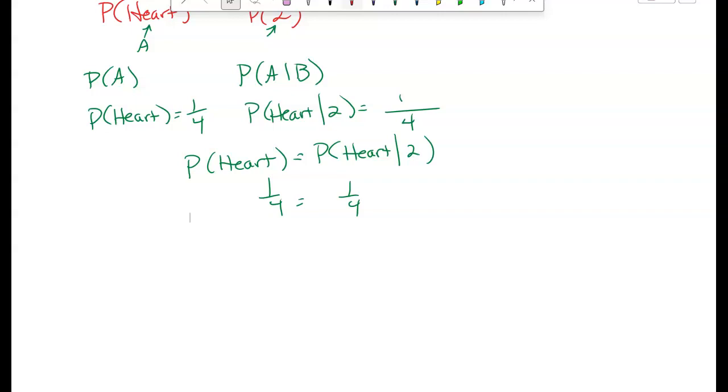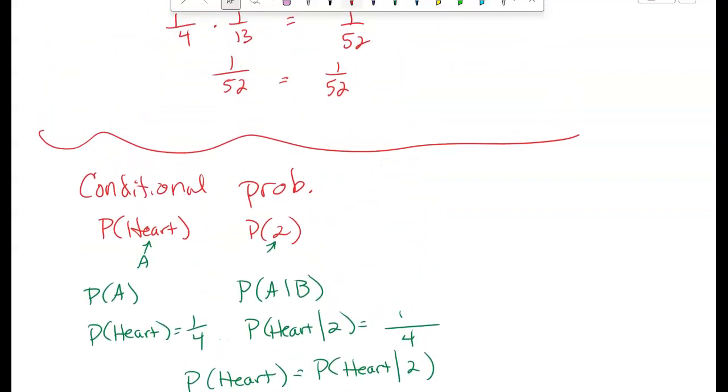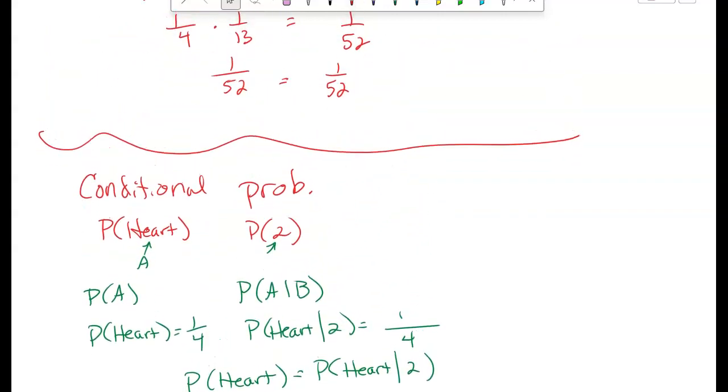Is that fair? So what I would have done up here is, heart is equal to A, 2 is going to equal B, and you can just use the letters after that point. I'm good with that, as long as you label it so I know what things represent.